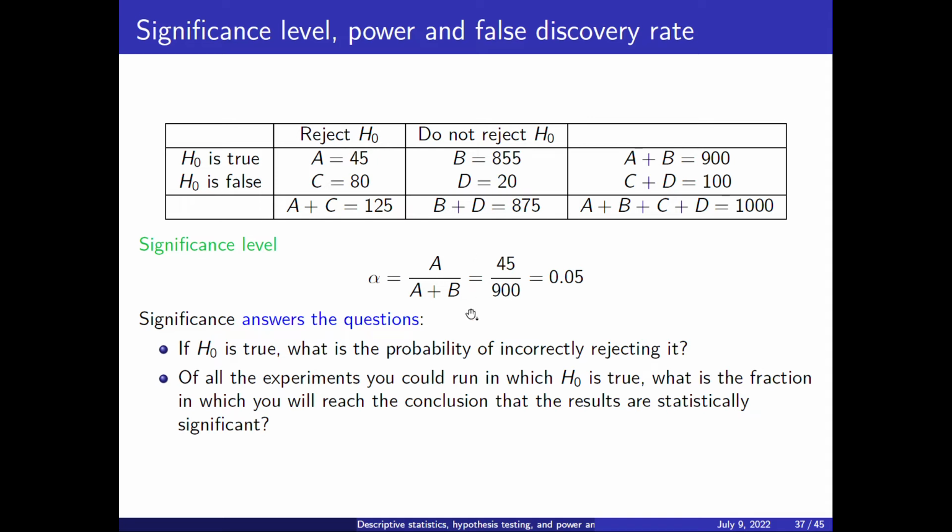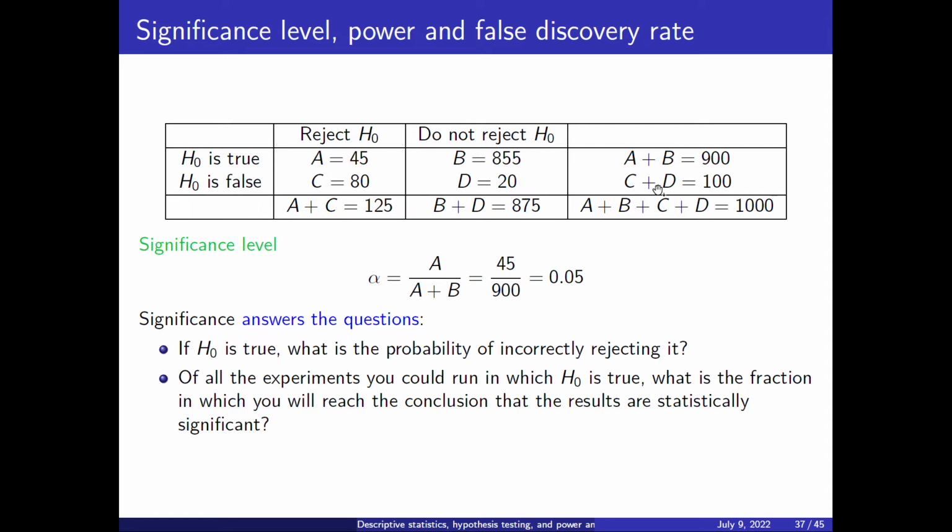And here what we have, for instance, is that the alpha, that is the significance level, is reasoning around this row. So in this row, the null hypothesis is true, and then this 5% is A, that is the probability of rejecting the null hypothesis, divided by the total number of cases in which the null hypothesis is true, that is 900.